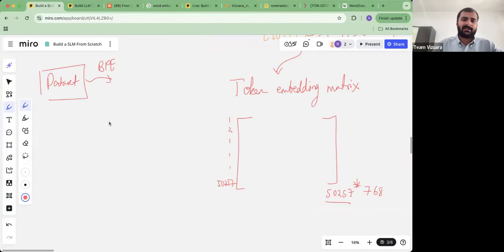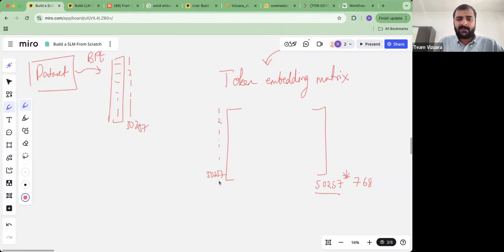This might be the whole data set in the English language, or if you want to build a multi-language tokenizer, it will be a data set in multiple languages. You apply the byte pair encoding algorithm, and then you come up with the vocabulary of subwords, and you assign token IDs to each subword. That's why there are 50257.